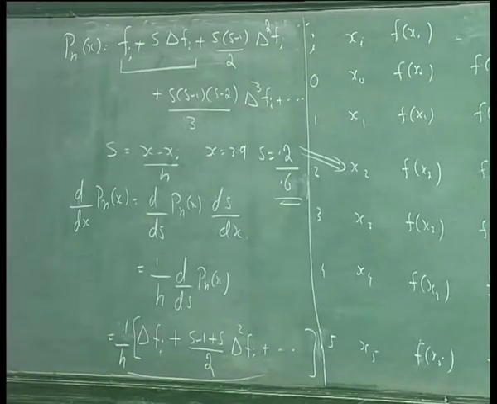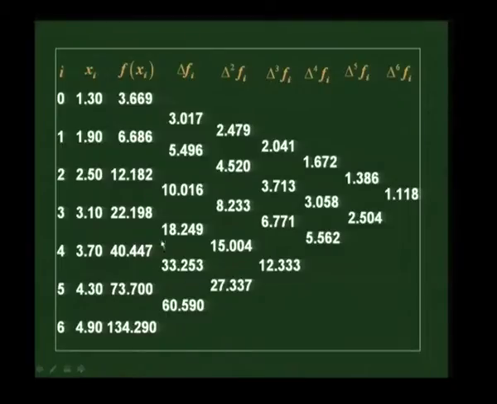Okay. So we can construct that polynomial from this. If you note this down, then it's easy to enter here. The first term will be 40.447. The next term would be s into delta fi. S is 1 by 3, so 1 by 3 into 33.253. That is our polynomial. So that is our linear polynomial.